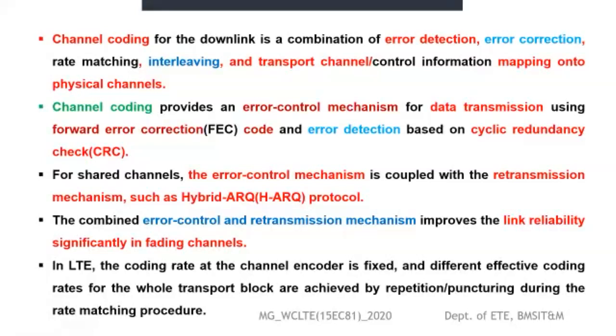I repeat once again. Channel coding for the downlink is a combination of error detection, error correction, rate matching, interleaving, and transport channel or control information mapping onto the physical channels. It provides an error control mechanism for data transmission using FEC, forward error correction code, and error detection based on CRC code.